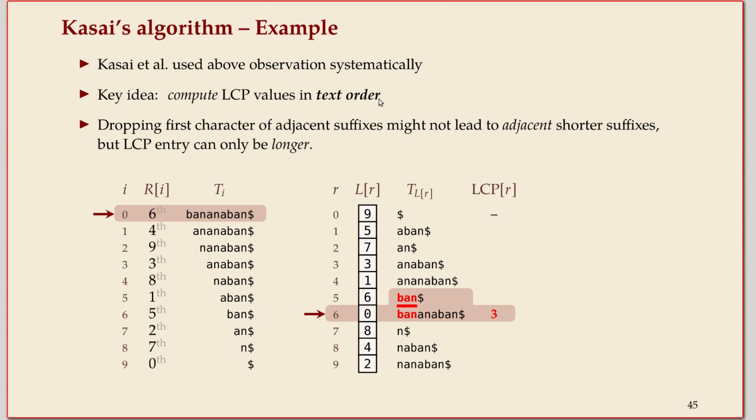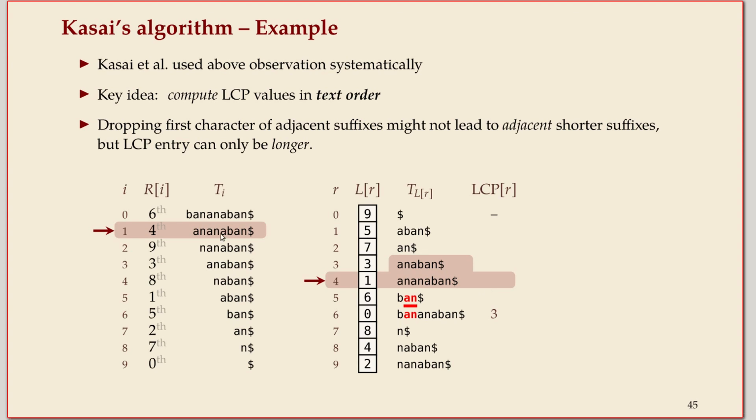We process suffixes in text order, so the next suffix to look at is the one that starts at position 1. Where do we find the LCP entry? Well, again, look at the rank entry. That's the entry for this suffix in the suffix array. Here it is, and that's the LCP value that we're filling now.